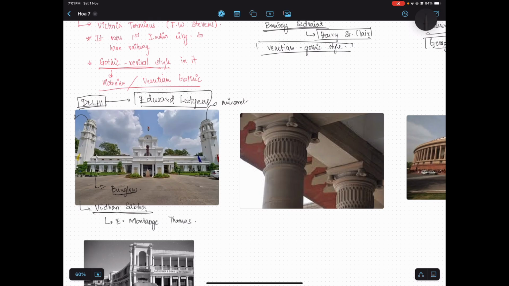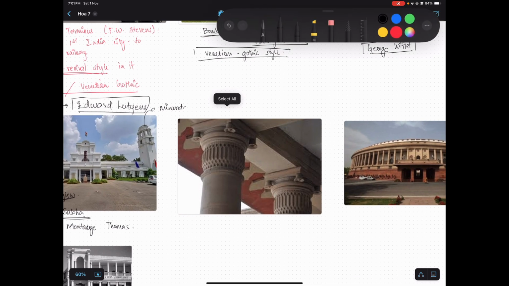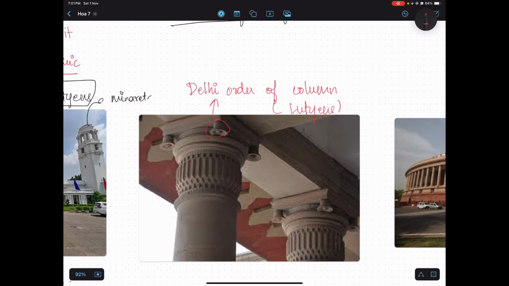And one of the important elements that he created would be this, which is the Delhi Order of Column, which was designed by Lutyens. So what he did is he used bells instead of the scroll that we usually have.